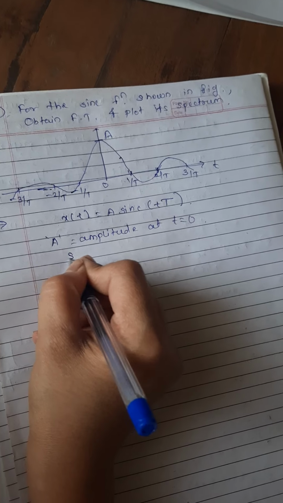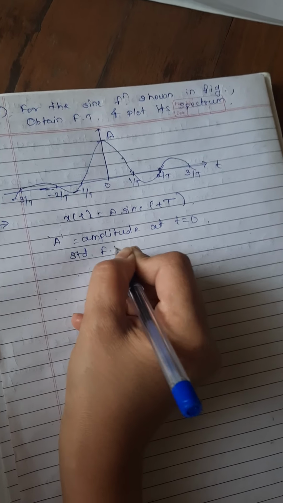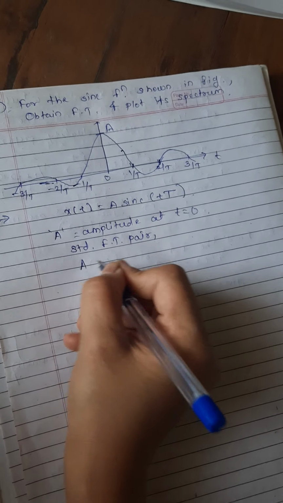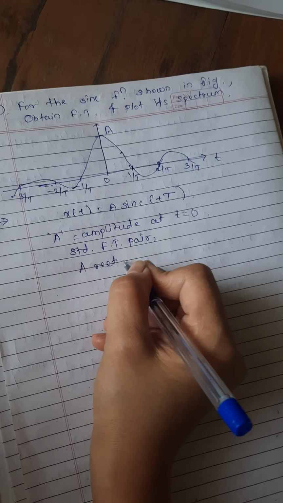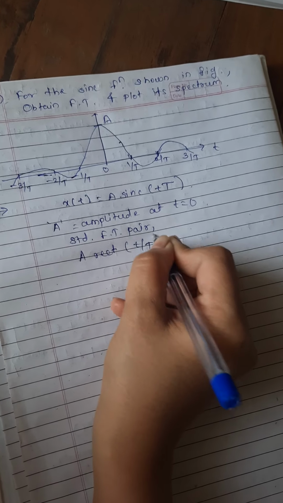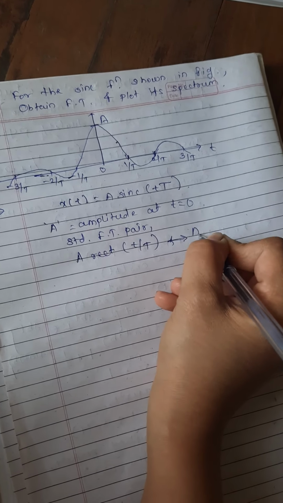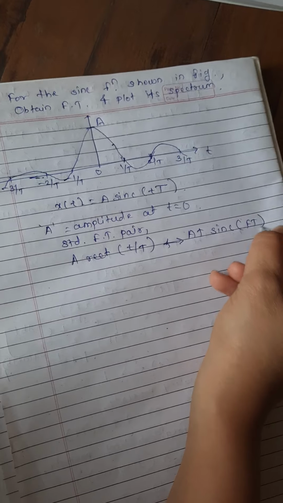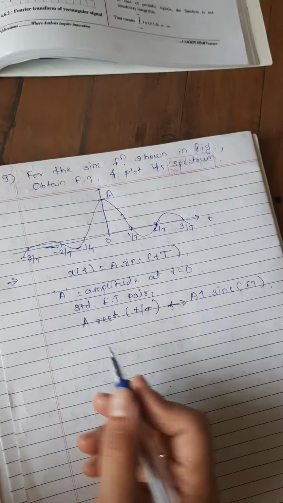So we have a standard Fourier transform pair: the rect of t by capital T has the Fourier transform AT sinc of f T. Now we have to use the duality property.